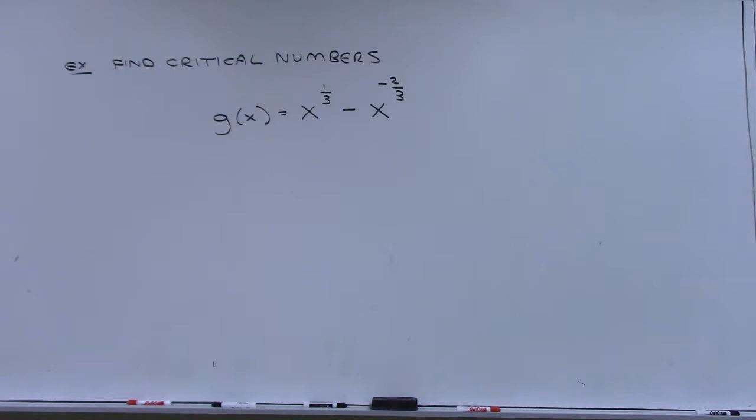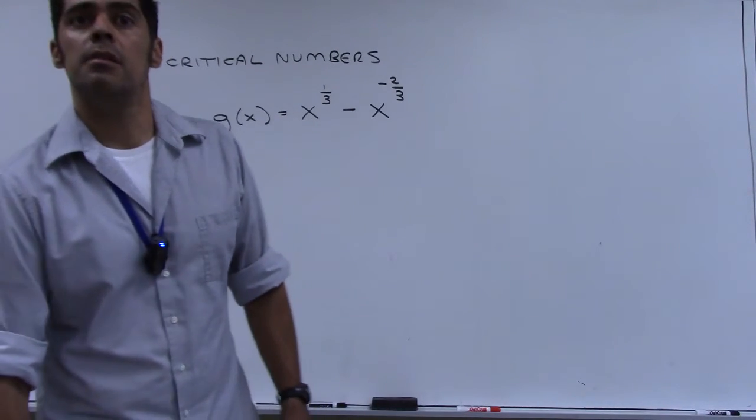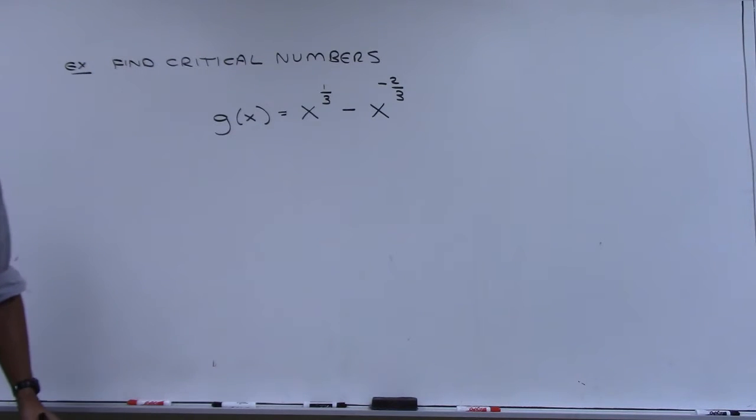I just want to get an idea of what this thing looks like. That's all this computer graphed so far. It doesn't look like we have any places where the derivative is 0, do we? Does it look like it to you? Where the derivative is 0?